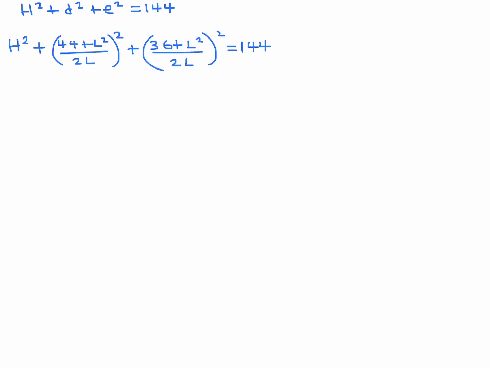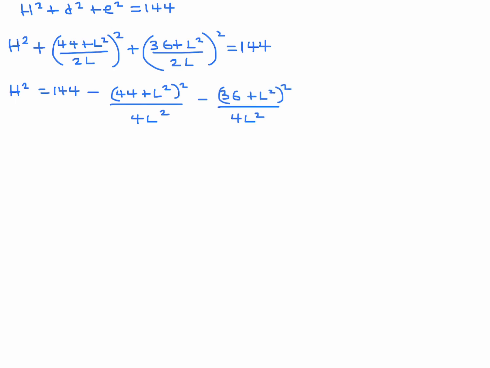Now we have to expand all this. So here we go. We've got some algebra to do. Let's put those over onto the other side. And when I do, I'm going to square the bottoms only. And when I do, I get 4L squared. And then this one, I'm also putting it on the other side and then squaring the bottoms. And then multiply through by 4L squared.